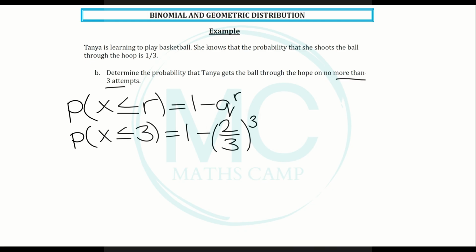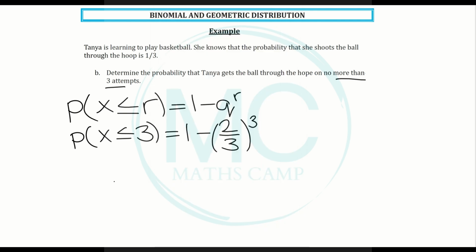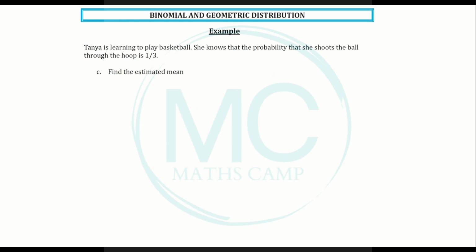Now I can take my calculator. 1 minus, let's open a bracket, 2 over 3, close the bracket, with an exponent of 3 is equal to 19 over 27.